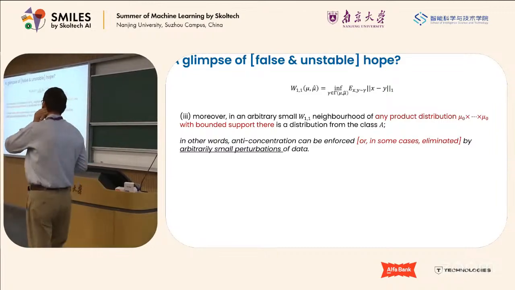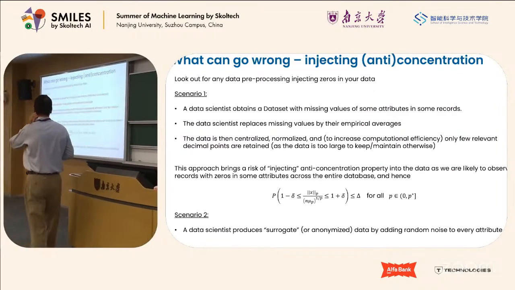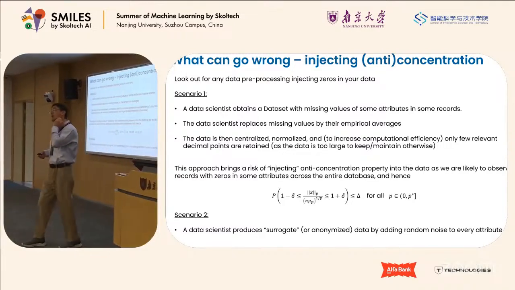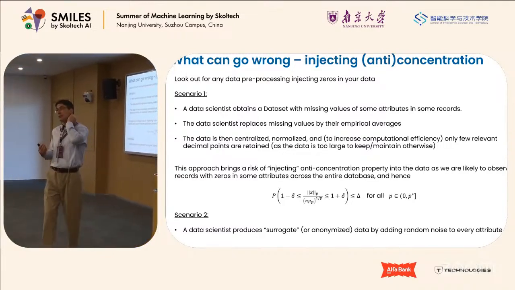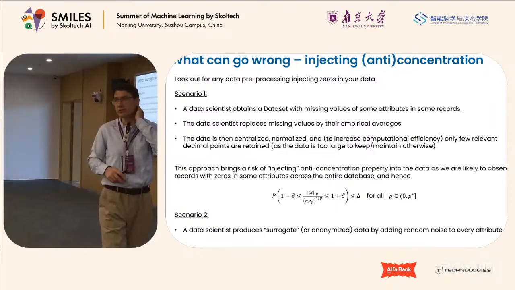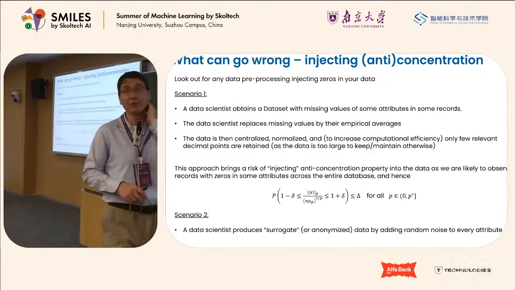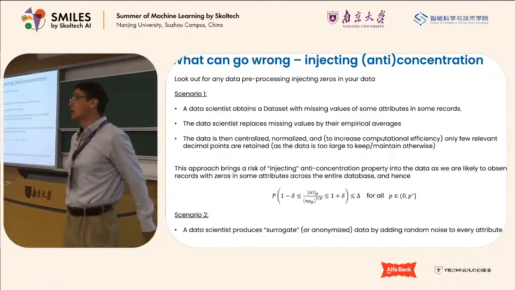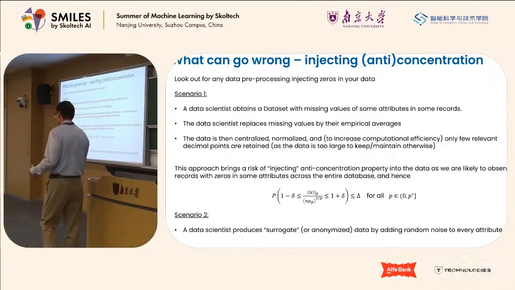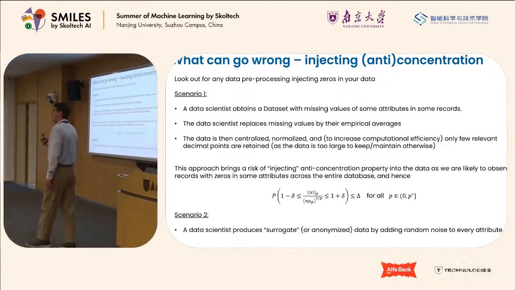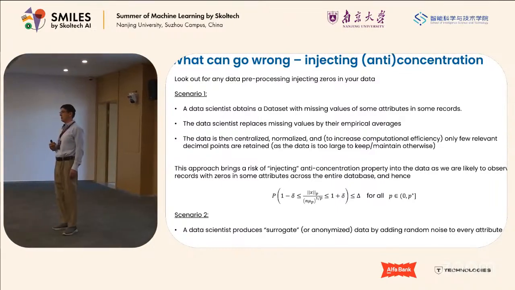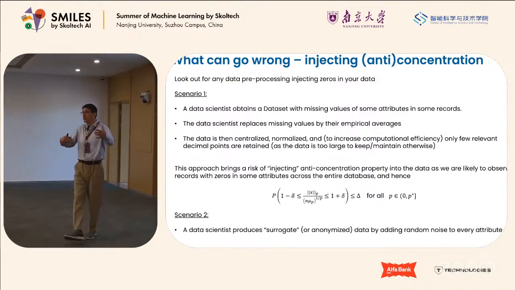So why is it important? It is important in the following way. I have two typical scenarios that people may consider important and relevant and interesting. In medical data analysis, or in analysis of real data, there is one thing which is common: there are missing attributes in the data set.